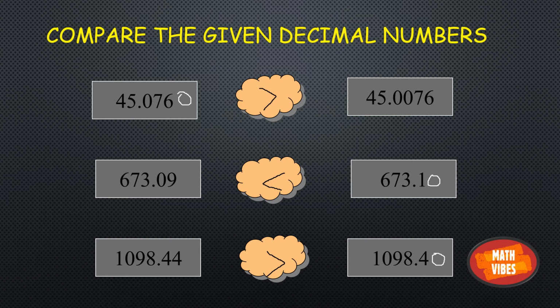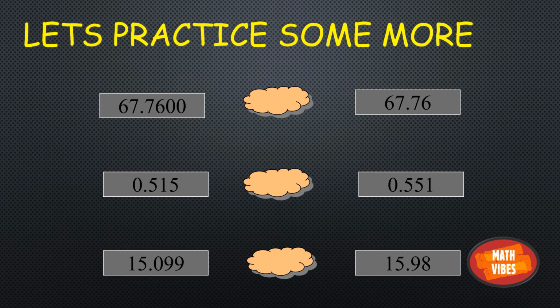Now the next set of questions are for you to practice. These set of questions I will surely do, but I will give you 5 seconds to solve it, and then I will tell you the answer. All right, your timer starts now.